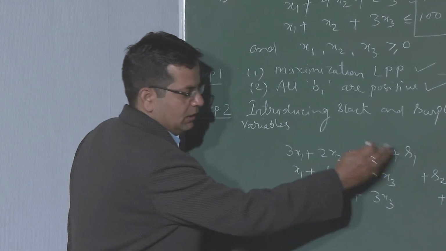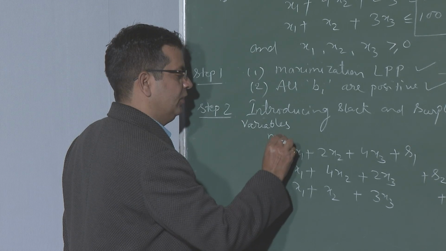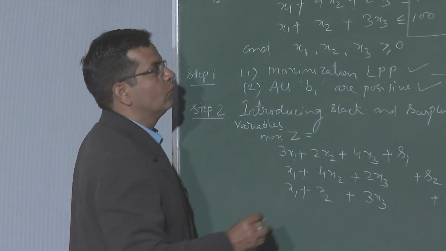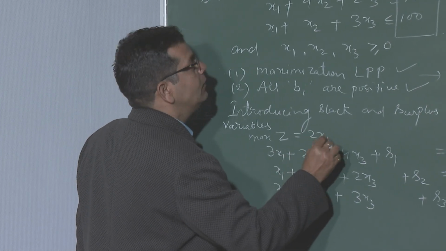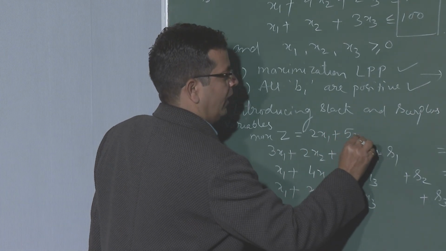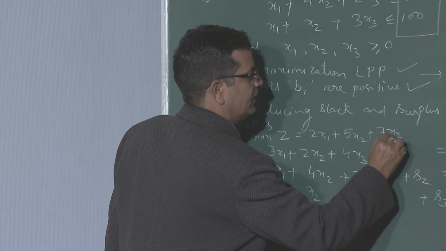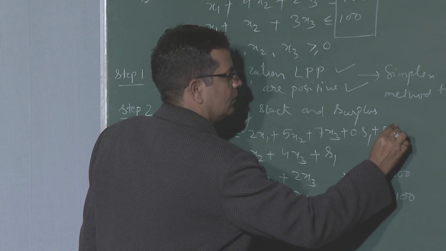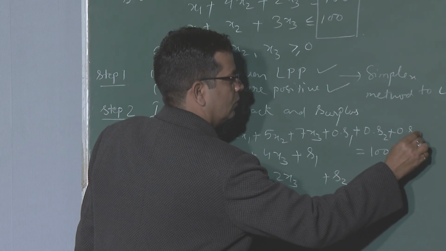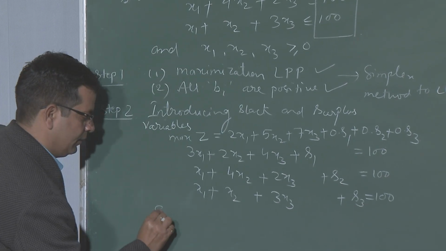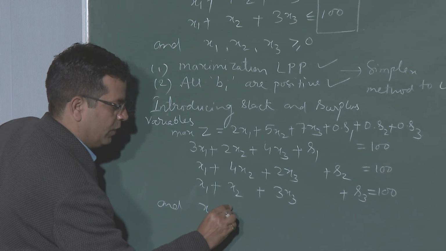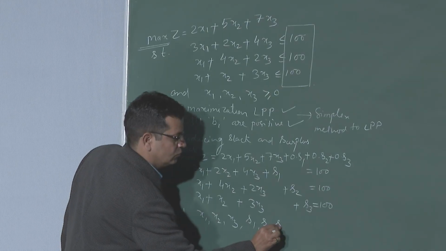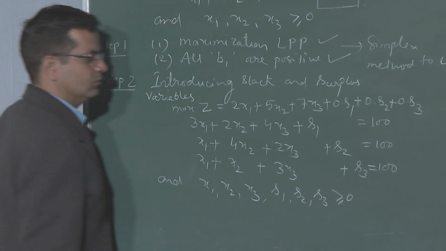We also introduce the slack variables in the objective function with 0 cost. So, we write 2x1 plus 5x2 plus 7x3 plus 0 into S1 plus 0 into S2 plus 0 into S3, and all x1, x2, x3, S1, S2, S3 are greater than or equal to 0.